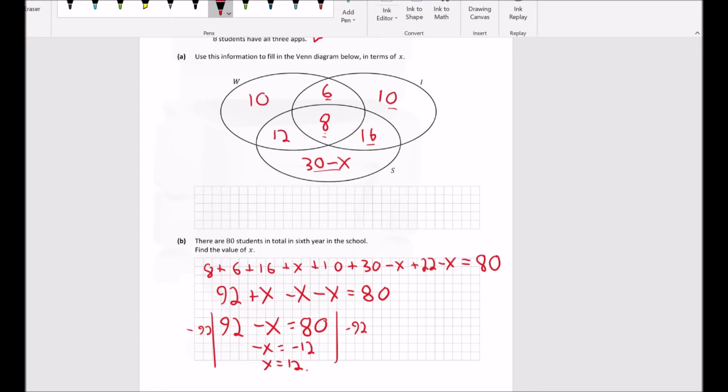That would be 12. 30 minus 12 is 18. Okay, that should add up to 80. So 10, 12, 6, 8, 10, 16, 18, yeah, that all equals 80.